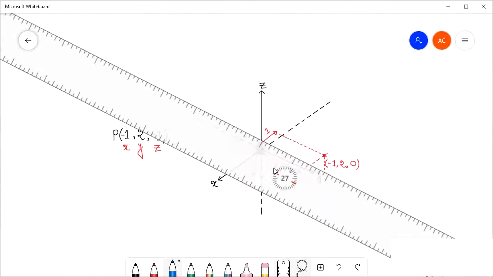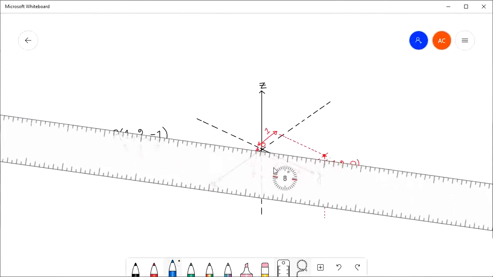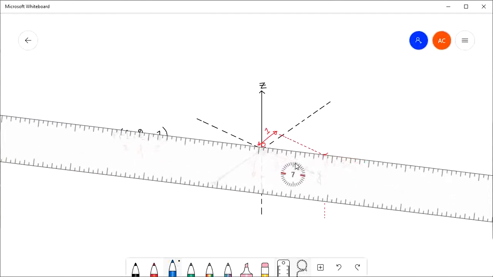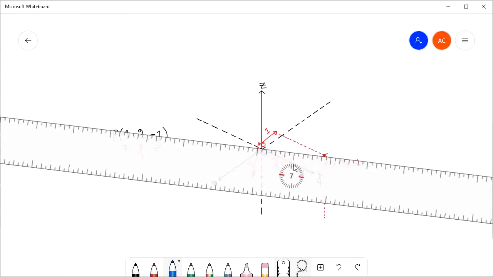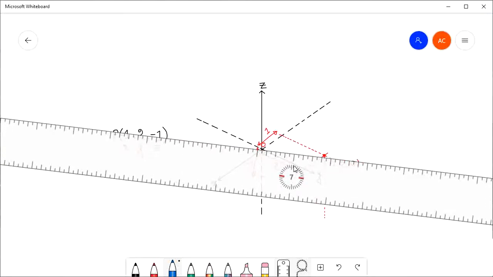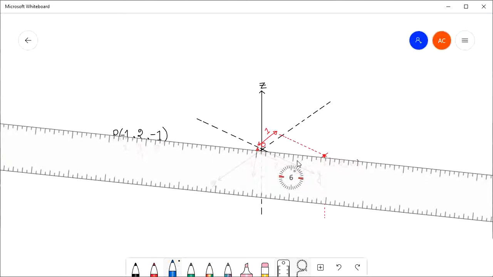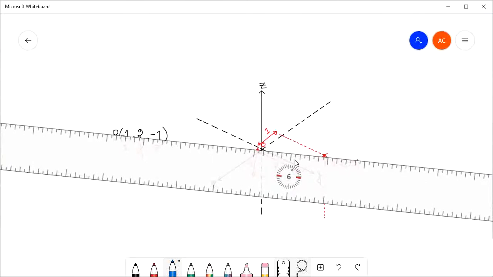Okay, so just join our projection point with the origin. I think it needs to be rotated a little bit more. I think it's good enough, right? So let's join the origin with the projection point. So this is our projection line.